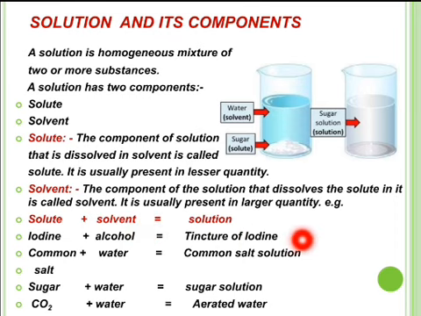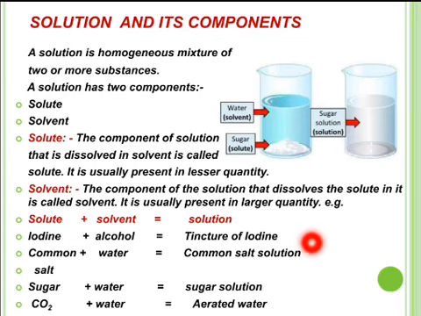Similarly, common salt solution. Common salt is taken as solute and it is dissolved in water, which is taken as solvent. Many times at your home you have prepared lemonade or shikanjvi or sharbat, in which you add common salt and sugar in water.